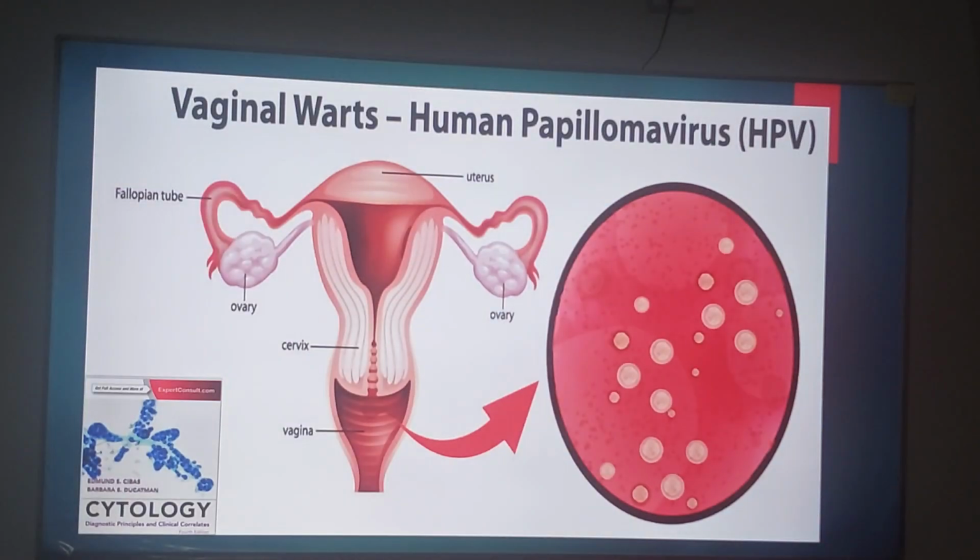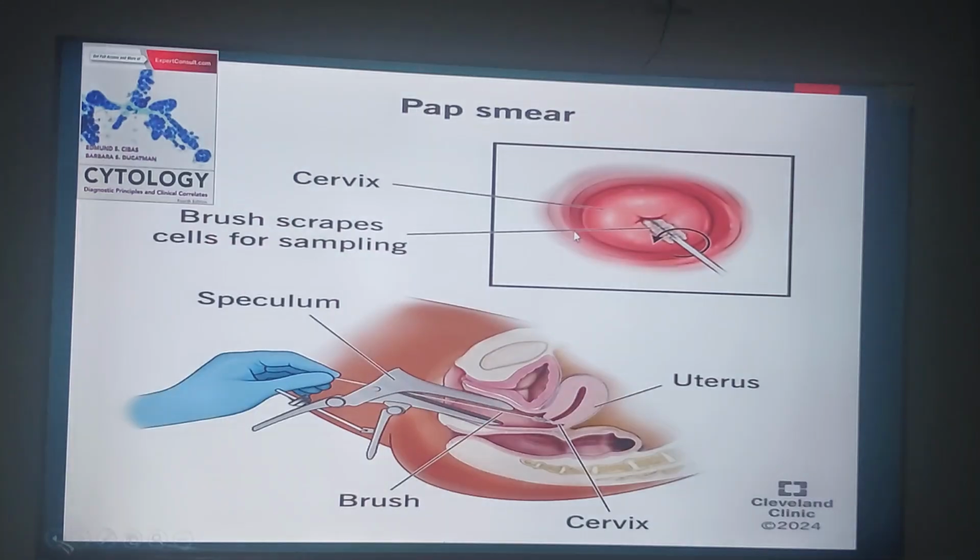How can we diagnose human papillomavirus by pap smear? We want to screen the patient for malignancy, and the easy procedure which we perform and diagnose is the pap smear.